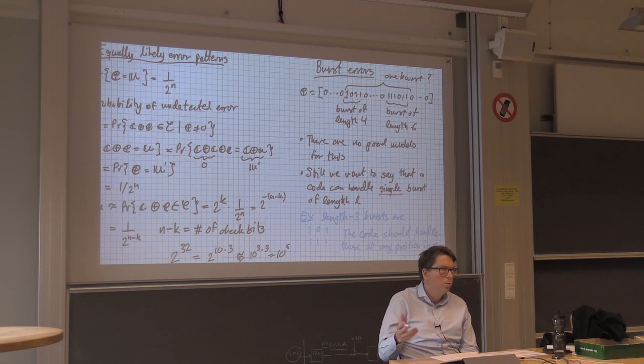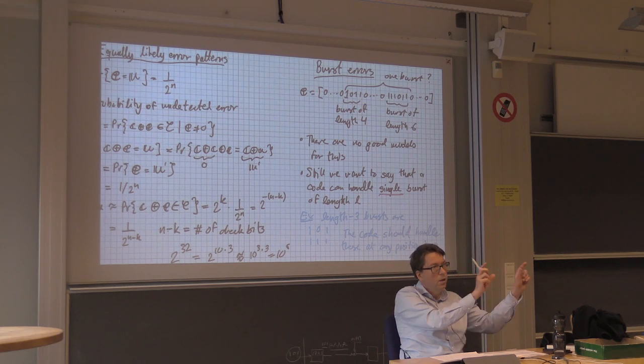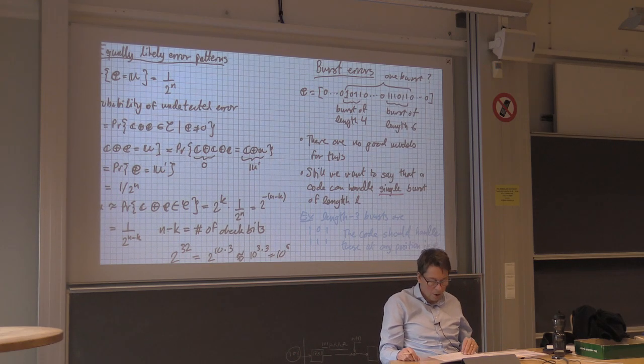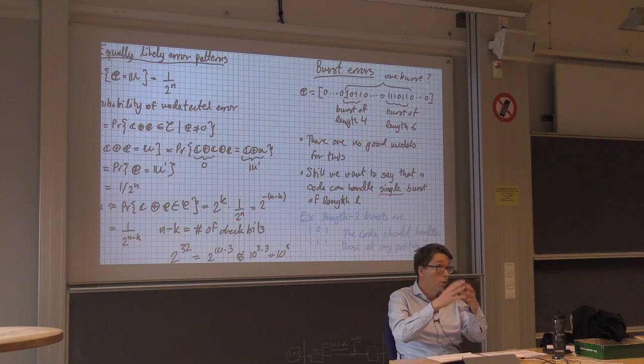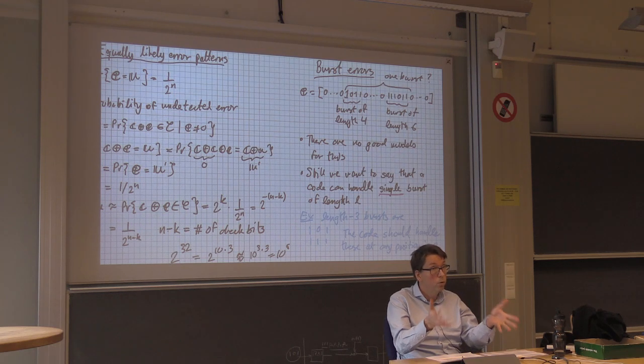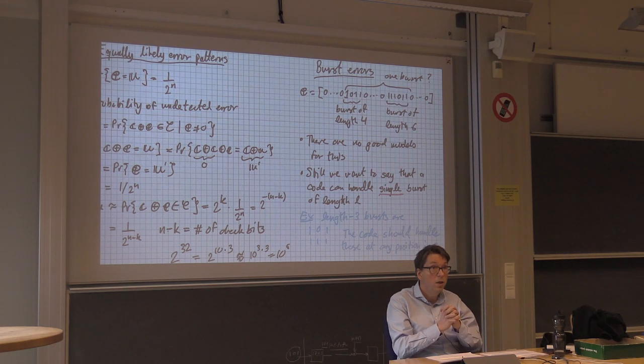So 3 bits was probably a bad example, but say 16 bits, any 16-bit pattern in the code word should be handled. Unfortunately, one just has to go into the code construction and look at these patterns and see whether these bursts cause undetected errors. We will see a few examples, and hopefully this will clarify. Questions on burst errors?